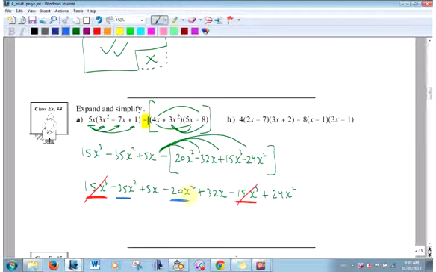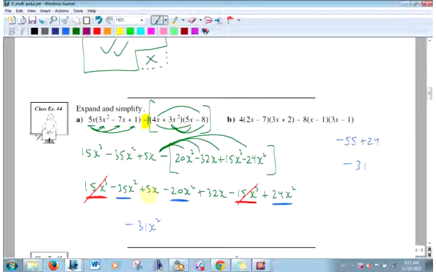Minus 20, that's minus 55 x squareds. Plus 24 x squareds. What's that? Minus 31 x squareds, right? Right? Is my addition okay today?